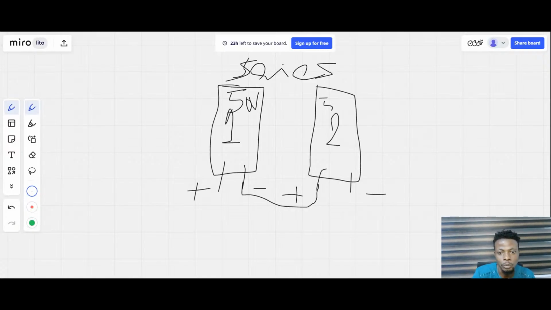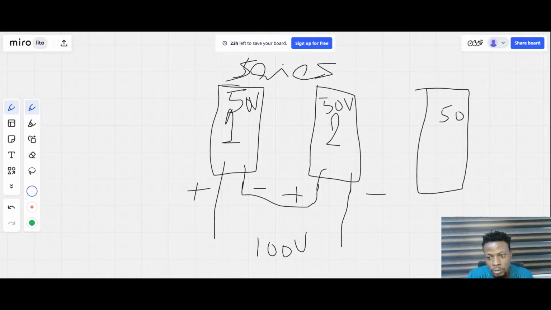This is 50 volts also. Connecting these two panels together in series will mean that by the time you measure from here to here, you are going to get what? 100 volts. You are going to get 100 volts. Does that make sense?